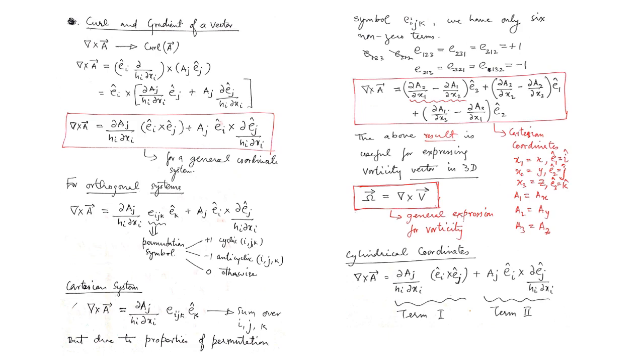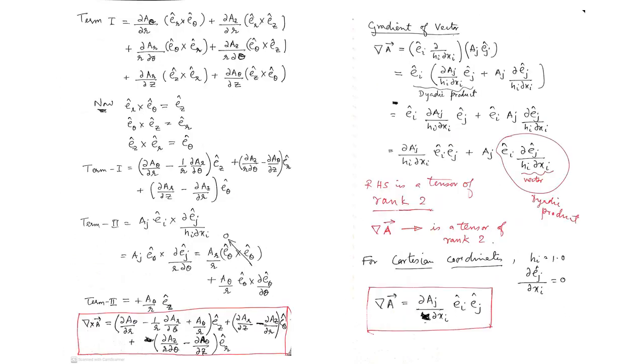Now let us look at cylindrical coordinates, how we can write del cross A in cylindrical. So again, two terms, so I can move a little bit faster now so that I can wind up my part 1 lecture. So term 1, I'm doing it explicitly for your understanding and benefit, but you are also quite capable of doing all these things yourself by now.